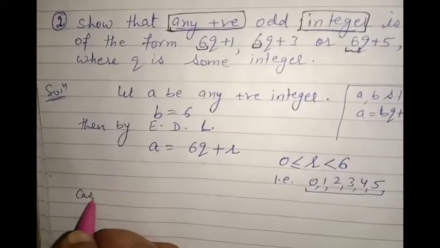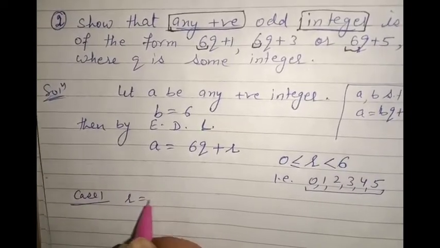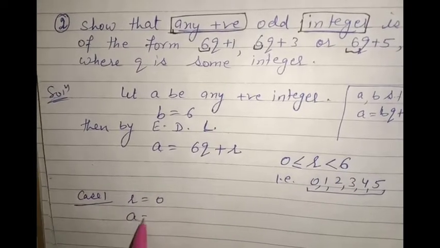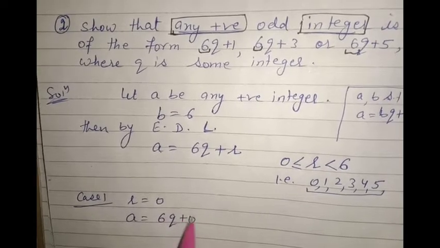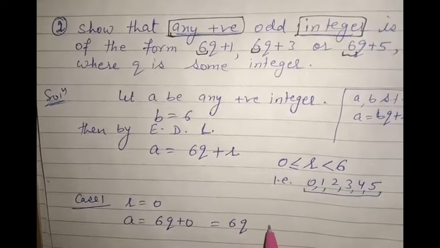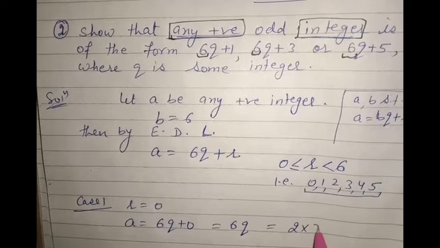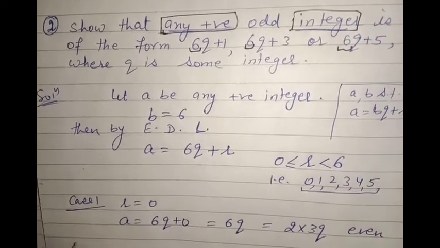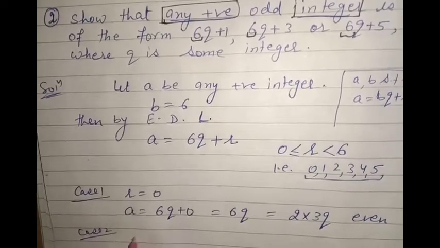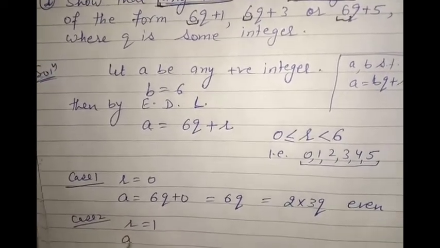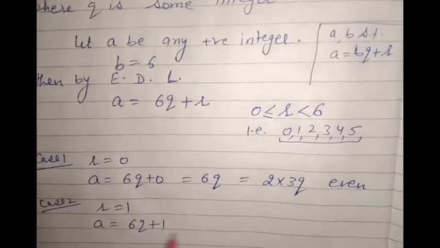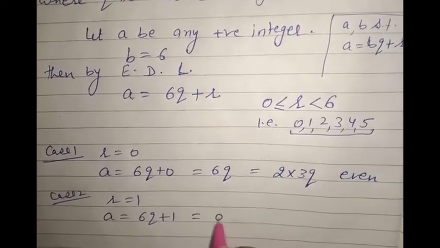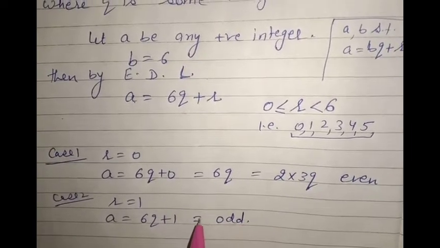Case 1: when r is equal to 0, then a is equal to 6q plus 0, which is 6q, and this can be written as 2 multiplied by 3q. It means it is even. Case 2: when r is equal to 1, then a is equal to 6q plus 1, which is odd in nature.